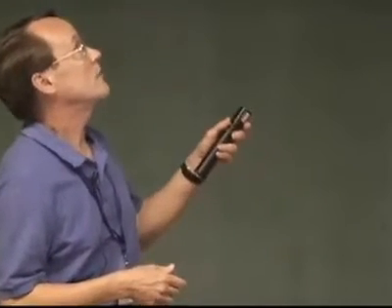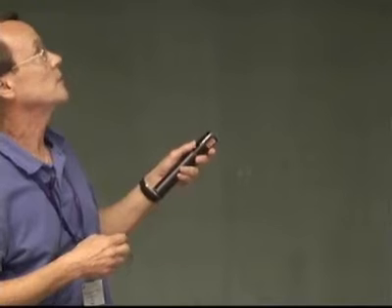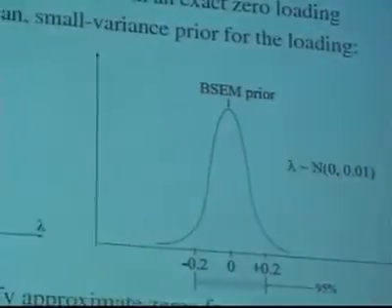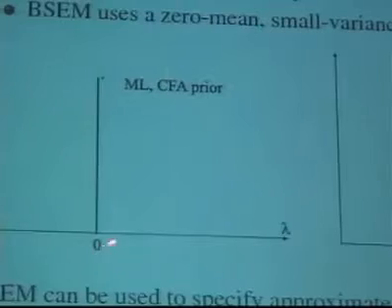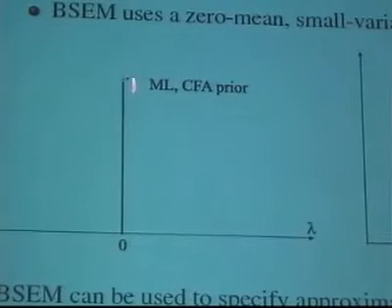You have been over here insisting that the prior distribution for a certain loading, these are the loadings for the variables, the factors that are not supposed to influence the outcomes, the zero loadings, or cross loadings as we call them. Your prior is that everybody is here. This is what you believe, that there's a spike here.